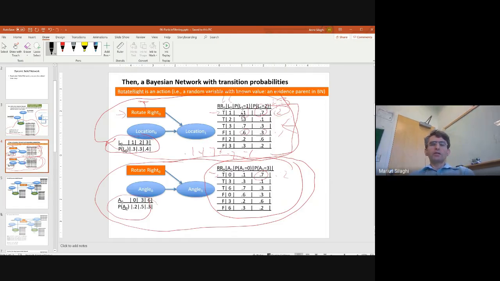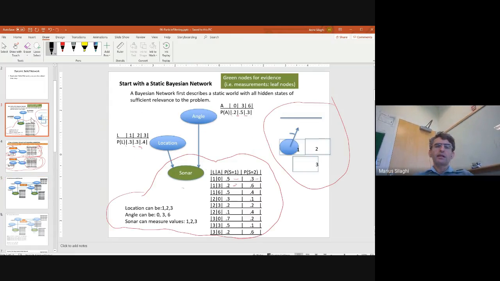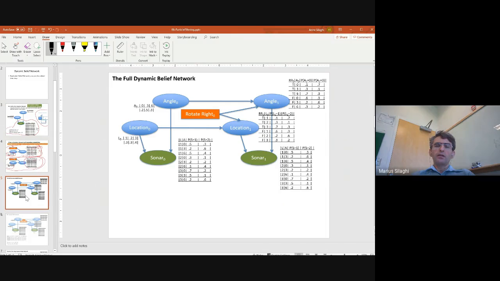So all these conditional probability tables, since we assume a stationary process, are always going to be true for angle 1, location 1, and the conditional probability table from the static one, the one here below, is going to be replicated here as conditional probability tables for Sonar 0, Sonar 1, and all the others in the future, based on the stationarity principle.